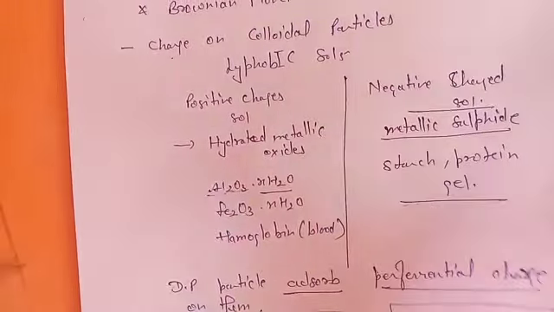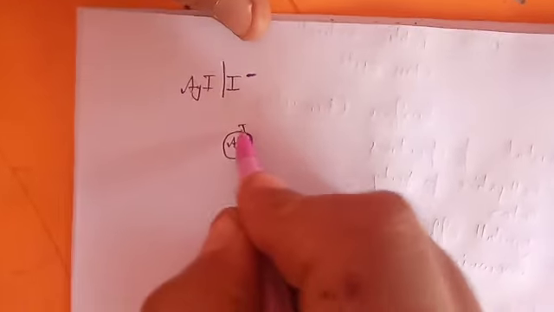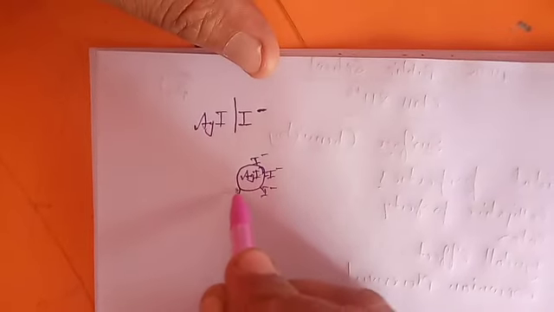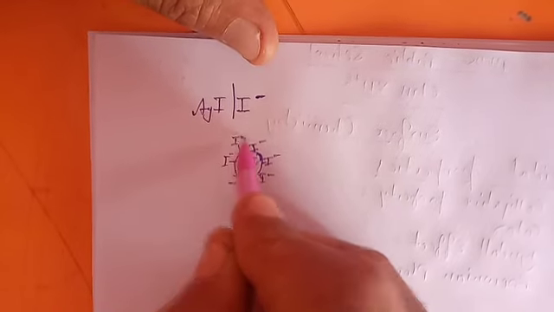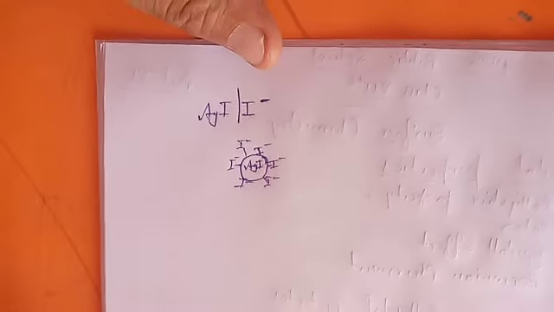Now let's take an example. We know that when AgI is formed by mixing silver nitrate into potassium iodide, a negatively charged sol is formed. I am showing the AgI particle in this manner. This is the AgI particle, or you can say the dispersed phase particle. Now iodide ions get adsorbed on its surface around it, and hence the whole particle acquires a negative charge, forming a layer of negative charge around it.